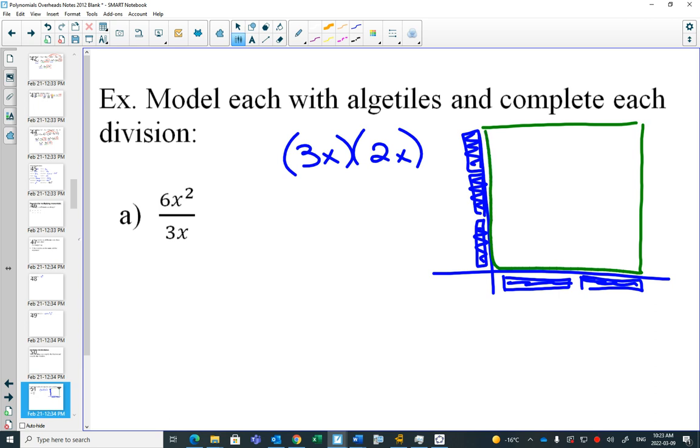Well, what would you fill this up with? This part from here to here would get filled up with an x squared. You would have another x squared here, shaded in, shaded in.